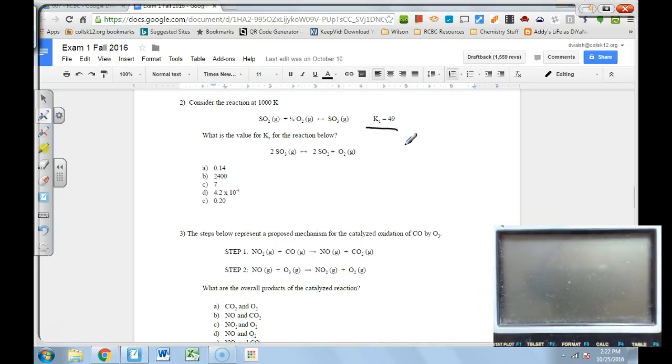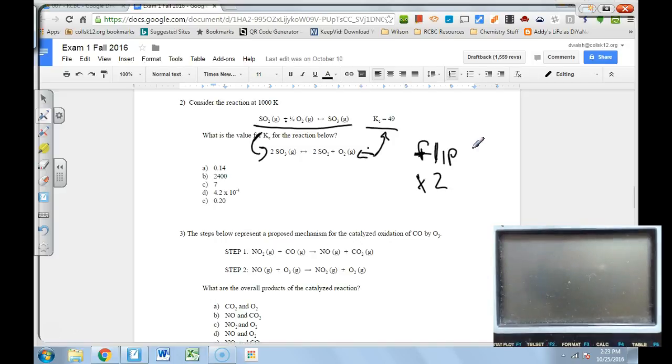And so this is the question that answers the related rates. Related rates here means that this thing is related to this one, and so all we have to know is what happens to this reaction to get that reaction. So we're going to have to flip it, that's kind of a pun, because now these 2 things are the products, and here they're the reactants, and we have to multiply by 2.